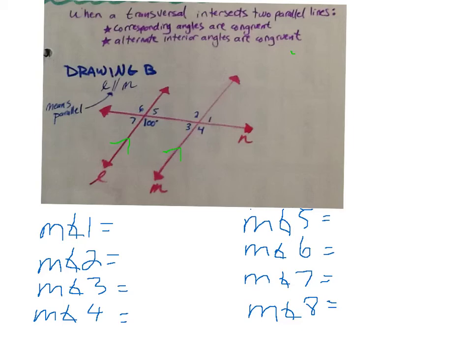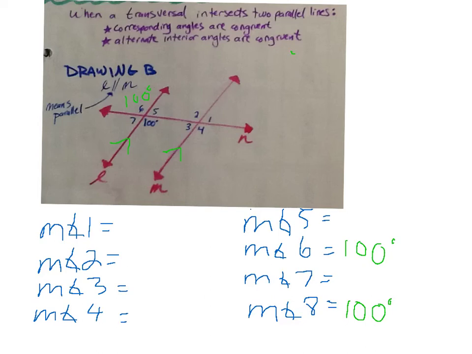And earlier we talked about vertical angles being congruent. So we're given that angle in there, which would be angle 8, is 100 degrees. So I'm going to fill that in down here. Well, angle 8 and angle 6 are vertical angles. So that is going to make that 100 degrees. So angle 6 is also 100 degrees.